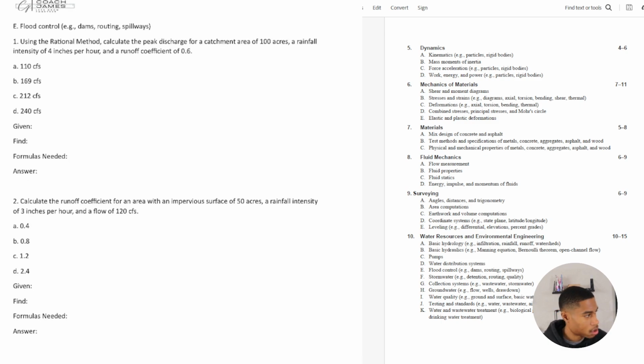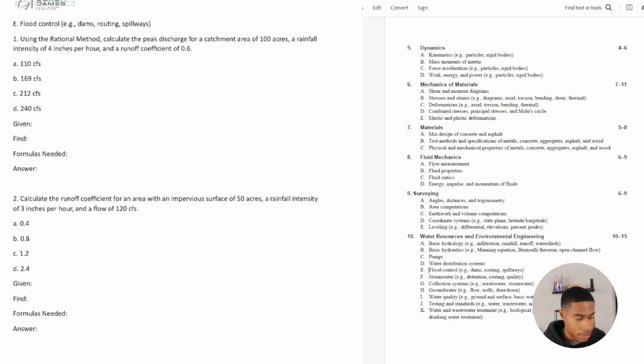All right. So number one says using the rational method, calculate the peak discharge for a catchment area of 100 acres, a rainfall intensity of 4 inches per hour, and a runoff coefficient of 0.6. Okay. So what information are we given? We're given catchment area. We are given the rainfall intensity.